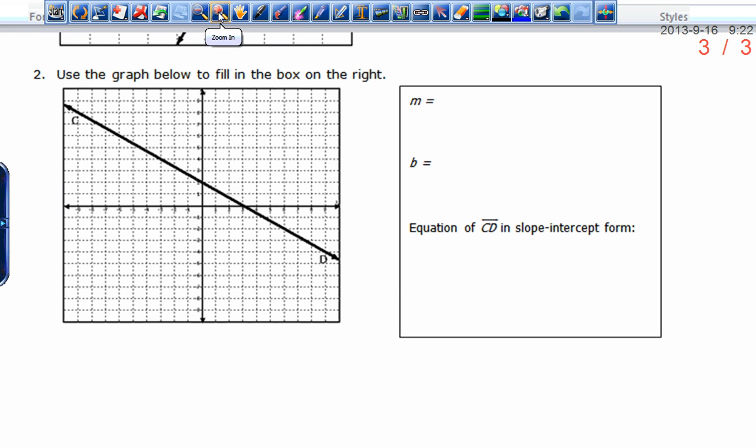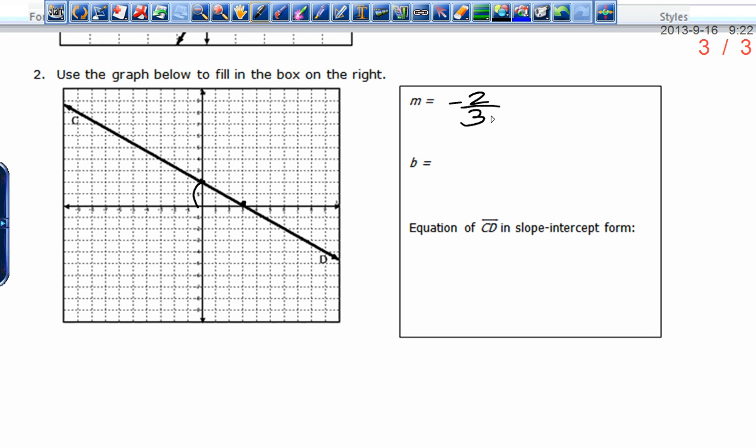Okay, number 2. What's the slope? It's negative because I go down and then over, right? Looks like there's a pretty point there, pretty point there. How many am I going down? 2 and then over 3. Well done.